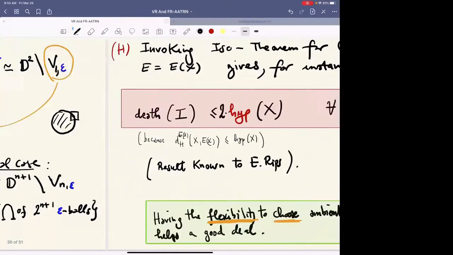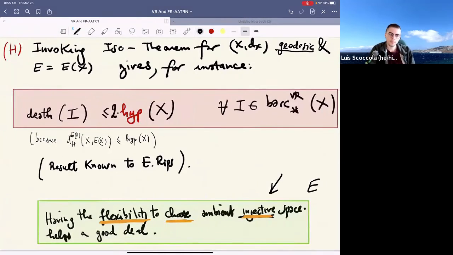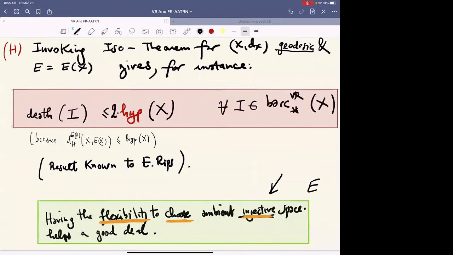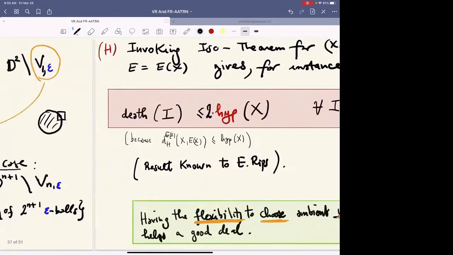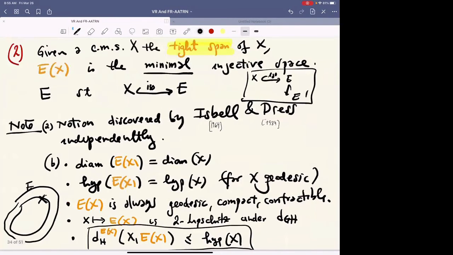Thanks for the question. I can explain at least one easy consequence to motivate some further conversation. The tight span satisfies the following property. The tight span is an ambient space for X, and X is a subset of it.